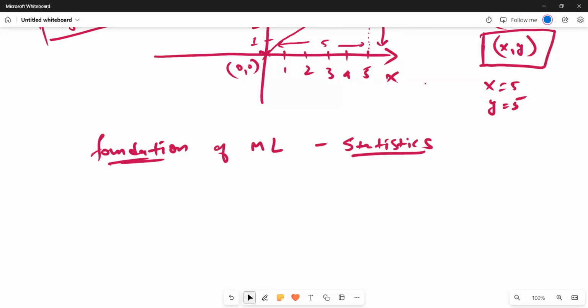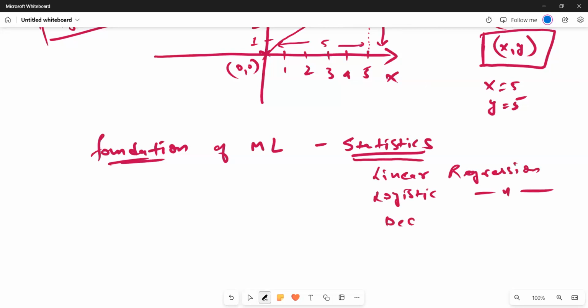And everywhere in machine learning, you will be applying statistical techniques, right? There are even some machine learning algorithms like linear regression and logistic regression. These are basically taken from statistics only, right? Linear regression, logistic regression, right? We have decision trees. You will learn about all these algorithms in the coming times in your machine learning phase.